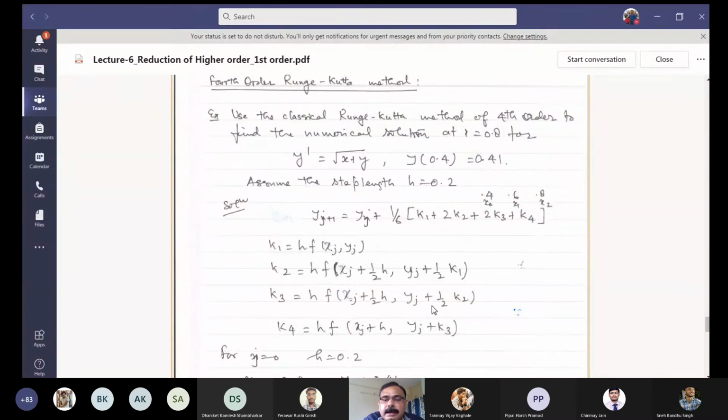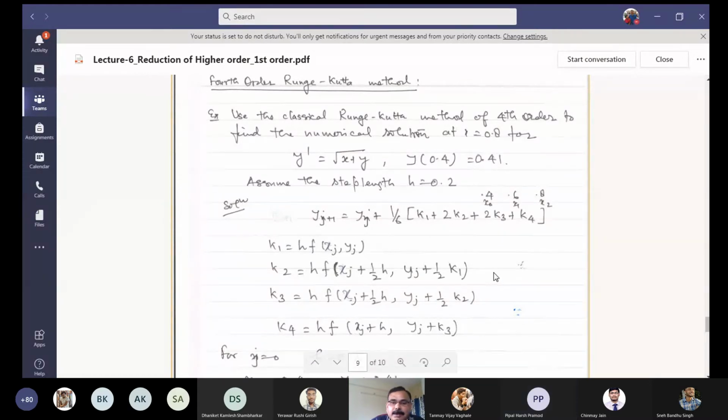Is there any trouble in calculating K1, K2, K3, K4 for this single equation? Anybody? No, sir. Okay, good.